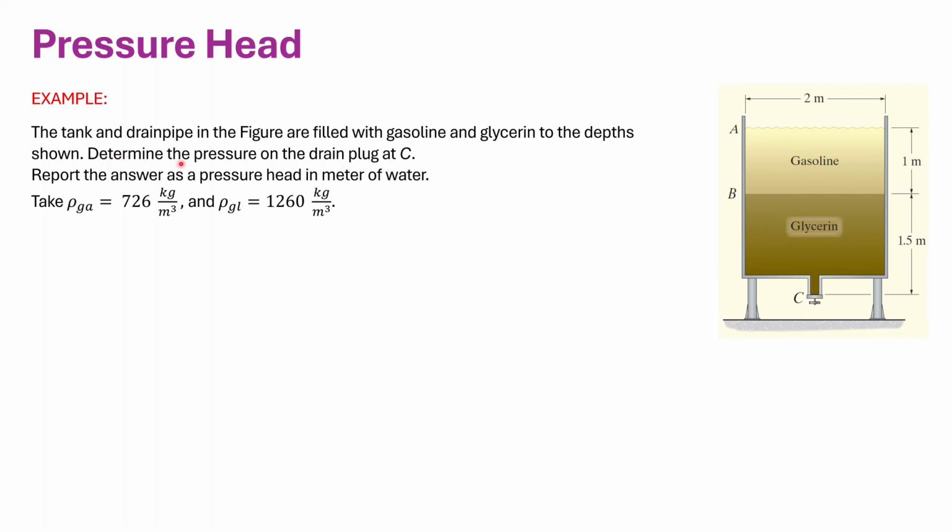The question is to determine the pressure on the drain plug at C, so we are going to find the pressure at this point. Report the answer as a pressure head in meters of water, and take rho of gasoline as 726 kilograms per meter cubed and rho of glycerin as 1260 kilograms per meter cubed.